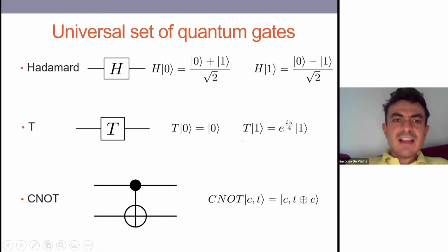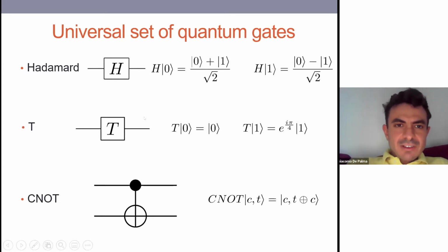Sometimes people also consider the phase gate as an elementary gate, which is the square of the T gate. This is a gate that adds a phase of e to the i pi over 2 to the state 1. But of course, since this is the square of the T gate, you don't need to consider it as a separate elementary gate, unless in your hardware you can implement it more easily than 2 copies of the T gate.